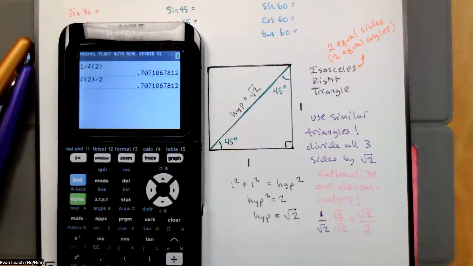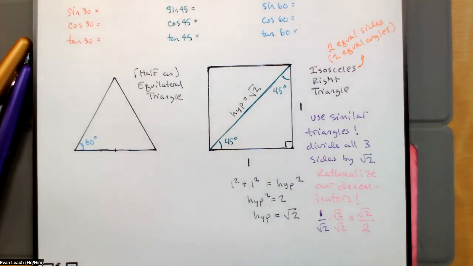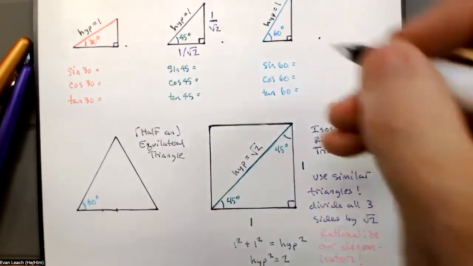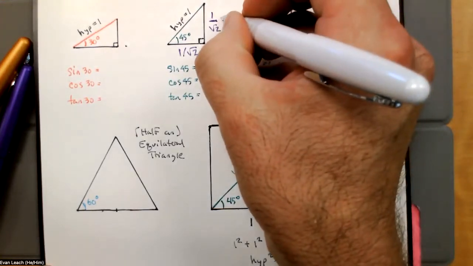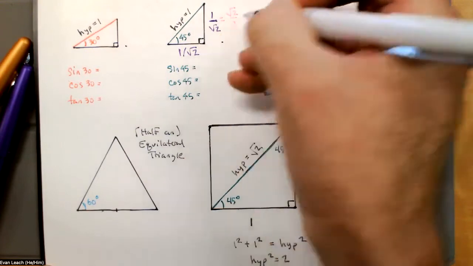If you look at this and think, heck, I don't remember rationalizing denominators, not important. What is important is recognizing that 1 over the square root of 2 and square root of 2 over 2 are the same number. It's just different representations of the same number. So the practical thing to know right now is that 1 over root 2 is equal to square root of 2 over 2.